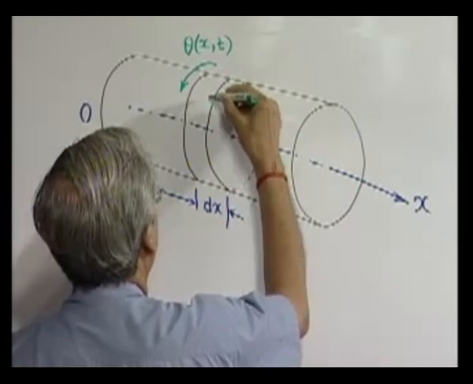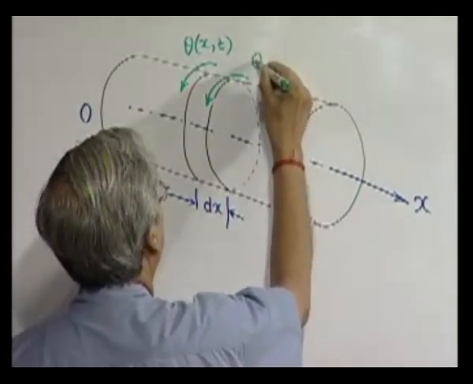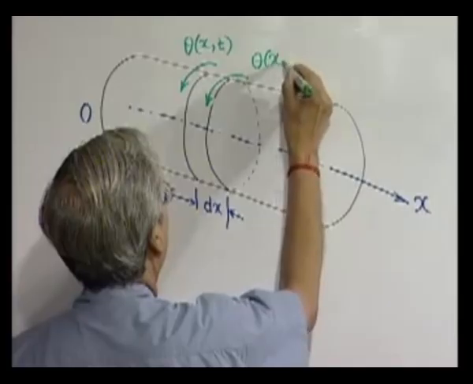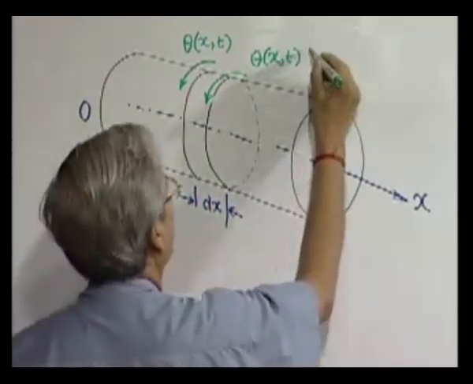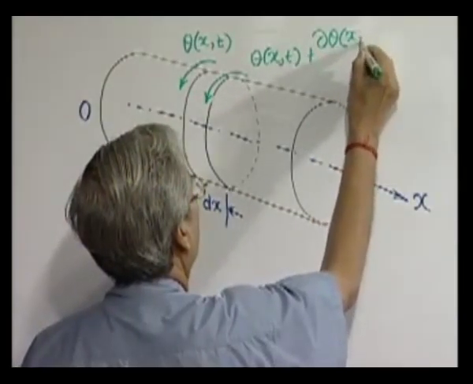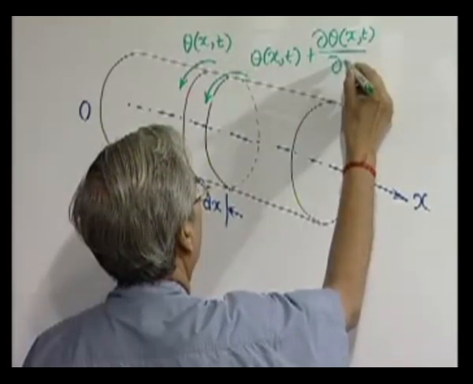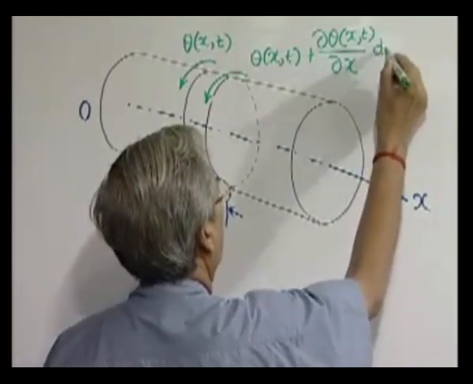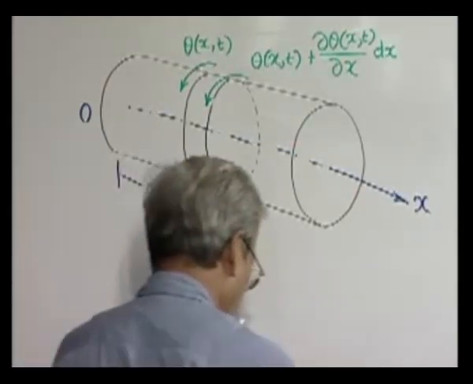And obviously the rotation of the other one will be the amount of rotation of this plus the slight difference. So these are the displacements of the two ends of the element.